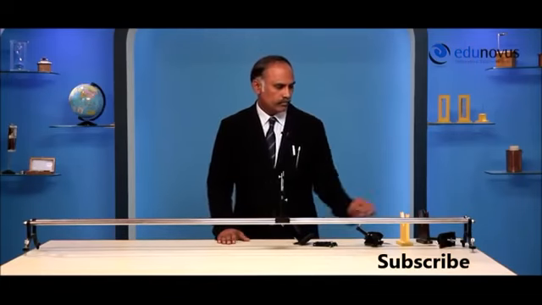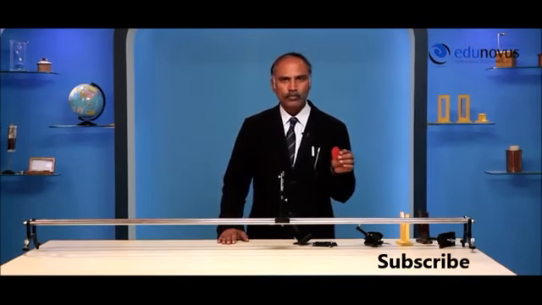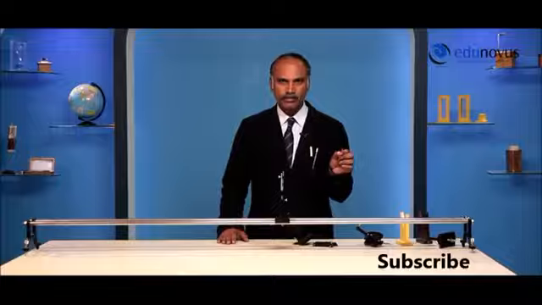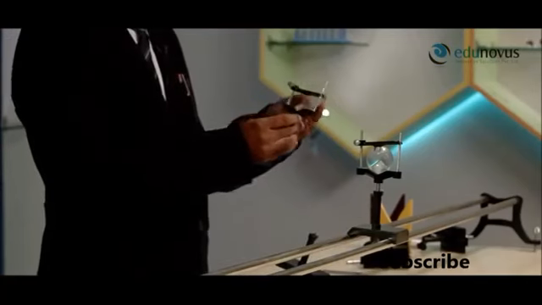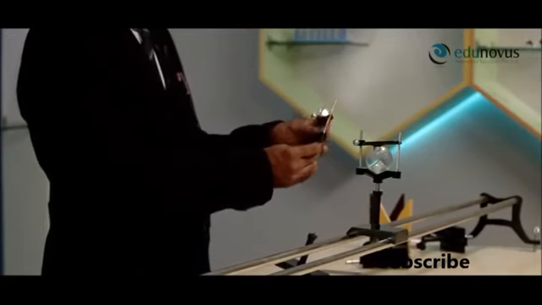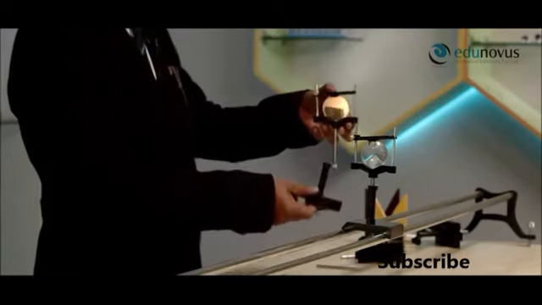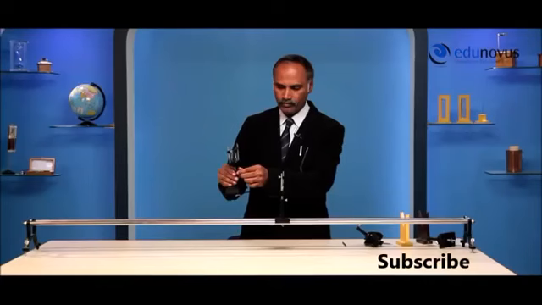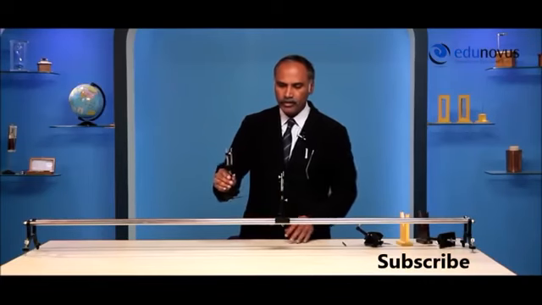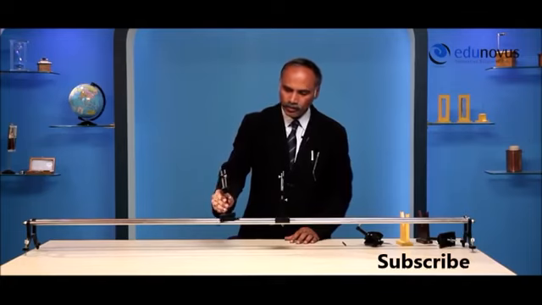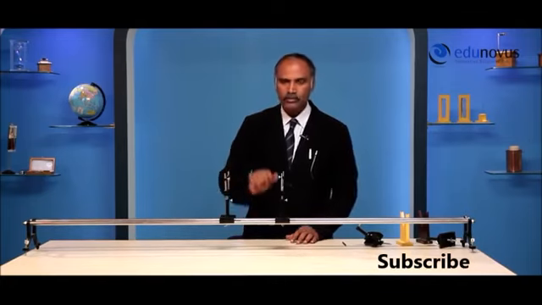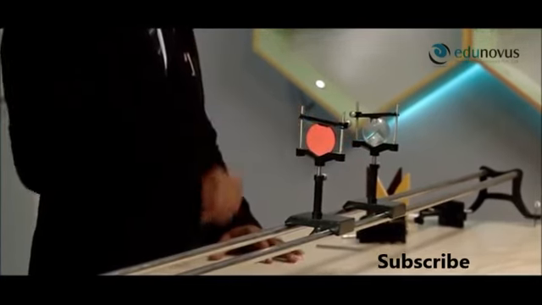After that, we take the convex mirror and place it in a holder. Fix the mirror in another upright and mount the upright on the optical bench such that the reflecting surface of the mirror is facing the lens.